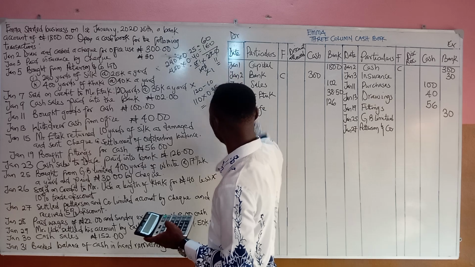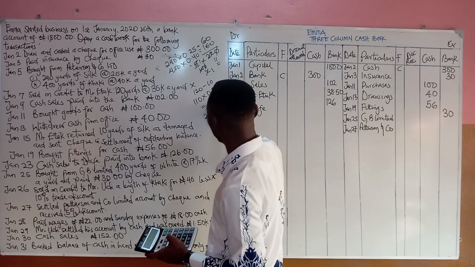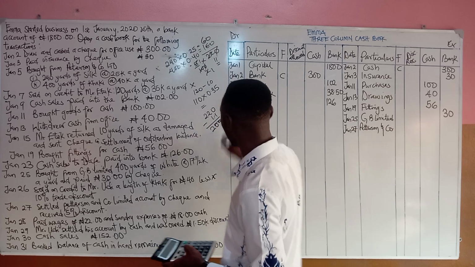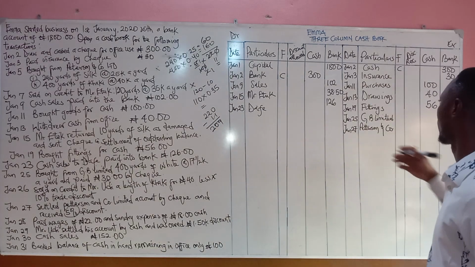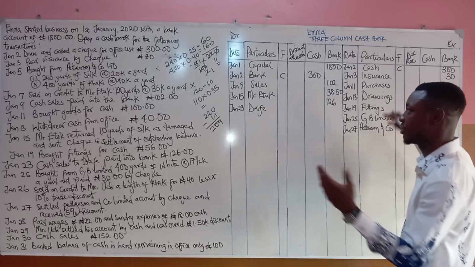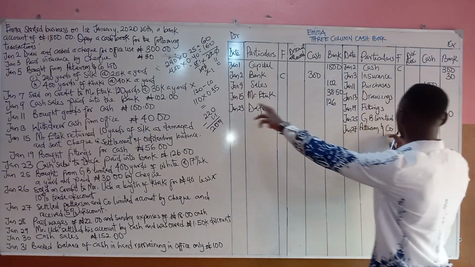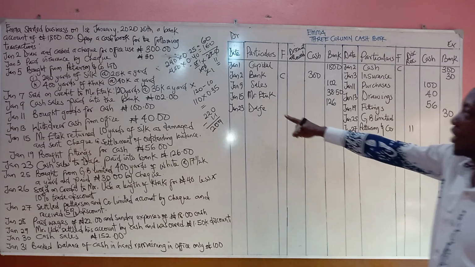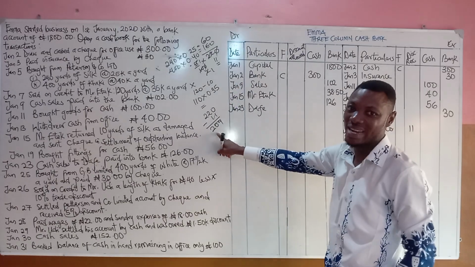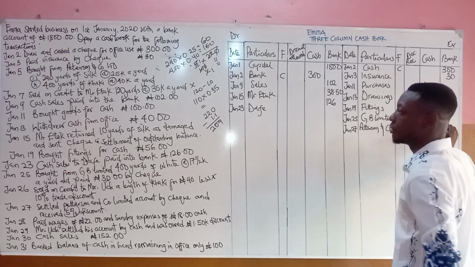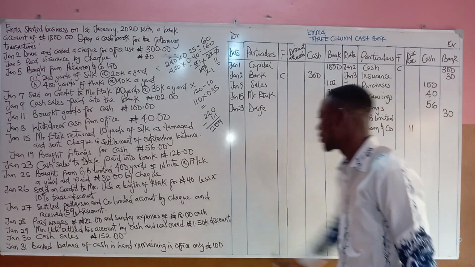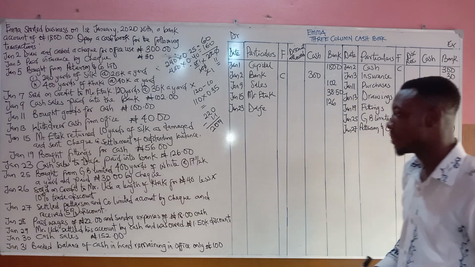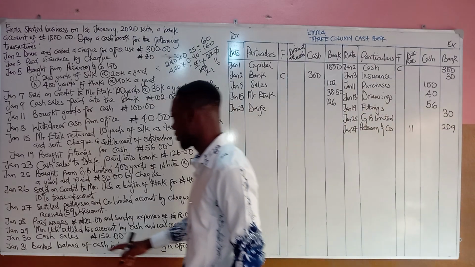So 5% is 11. So I'm going to do 220 minus 11. This will give me 209. Great. I don't know, the calculator is mixing up. Good, thank God we can do this calculation. So Peterson and Co. received a discount of 11 naira, and then instead of paying 220 naira, he paid 209 naira. So I'll record it by what? Check. So I'll record it against the check. Bam, 209 naira. Great.